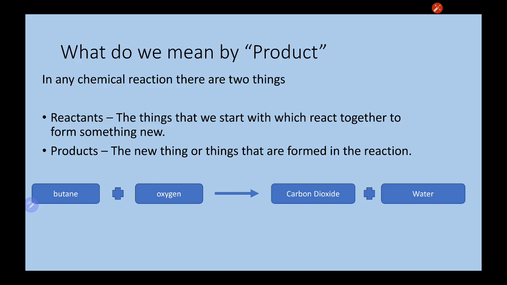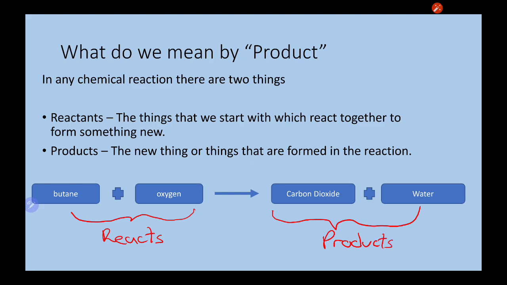Okay, I am going to move on. I hope you got this right. If our reactants are the things we start with, then our reactants are over here. And if our products are the new things that are formed, then our products are over here.